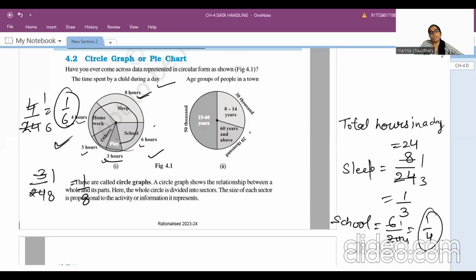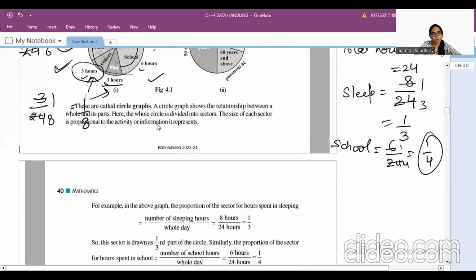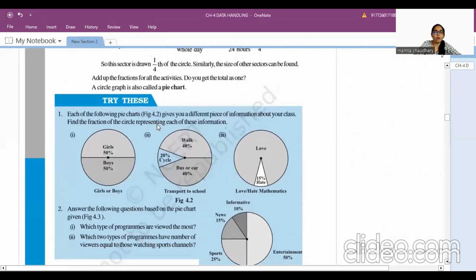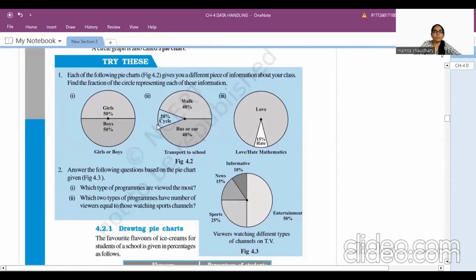It is 1/8. So a child is spending 1/8 portion in playing, and the same 1/8 portion for other work. Why? Because here also 3 hours. So like that, we can find how much fraction of the whole a child is spending for those particular activities. Okay. Now let's see these questions.